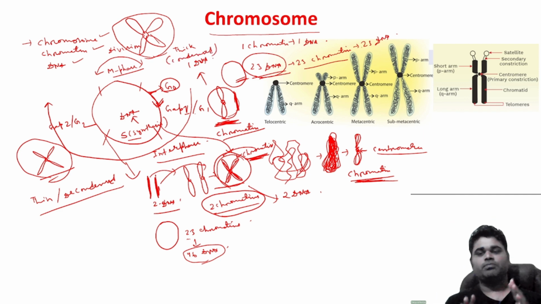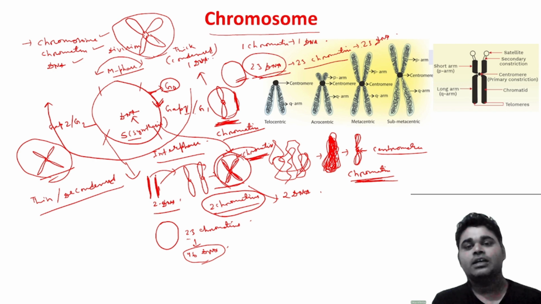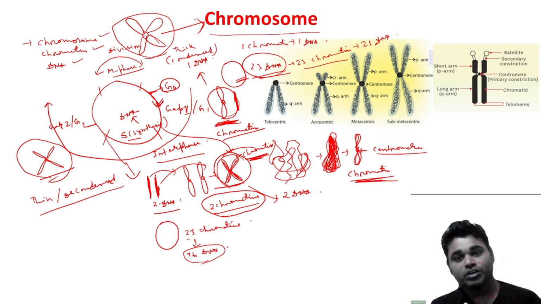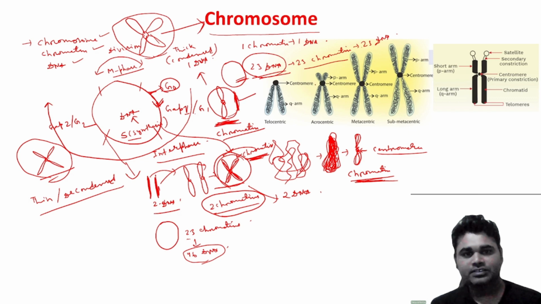So this is the difference between the chromatin and the chromosome. Because this thick or condensed structure is present, so condensed chromatin is present, now you can say that this is the chromosome. So the chromosomes are actually the chromatins, but they are present in the thick or condensed structure, and now it is called the chromosome. This is the chromatin, that means one chromatin contains one DNA.